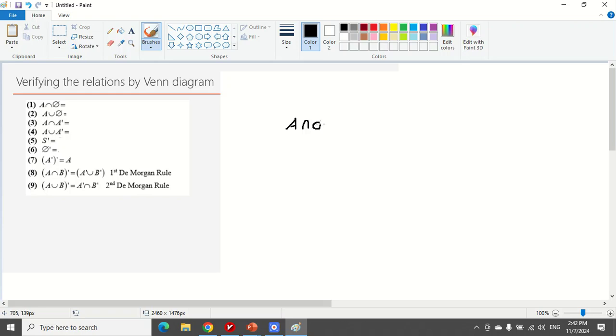If we want to know what A intersected by phi is, the result should be all elements such that x belongs to A, and in the same time, I emphasize this one, x belongs to phi, the empty set.